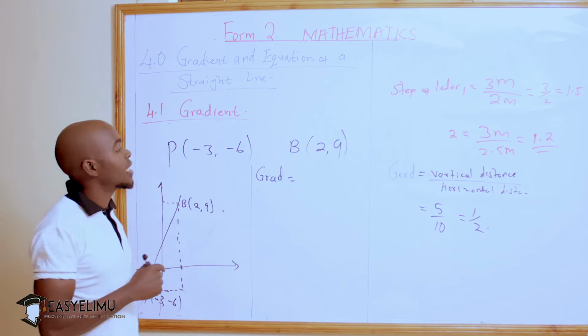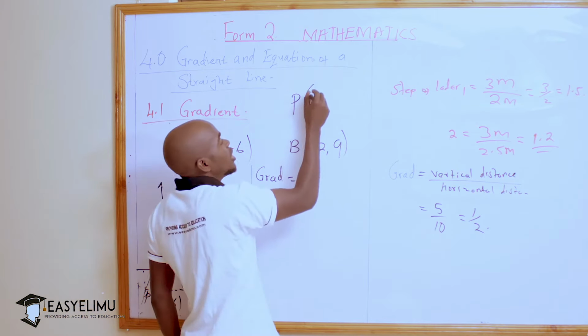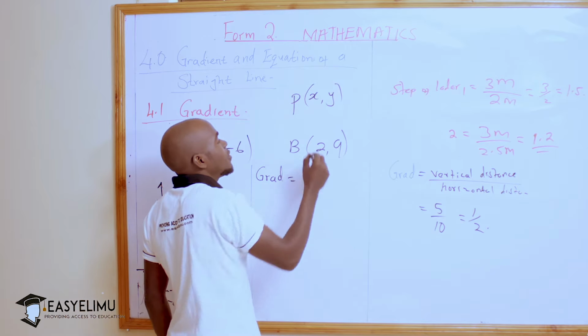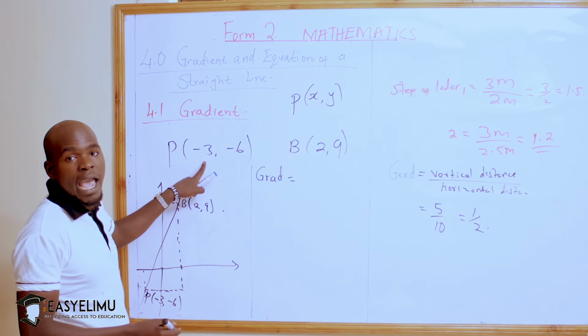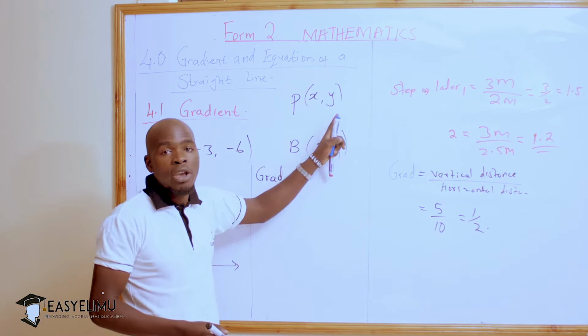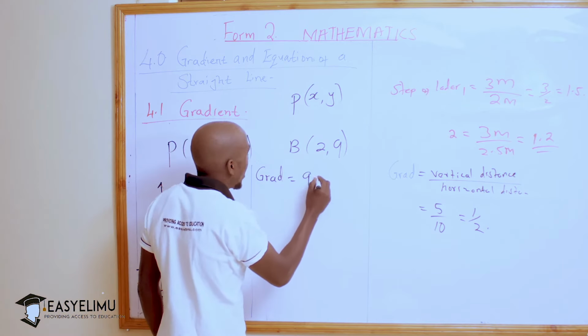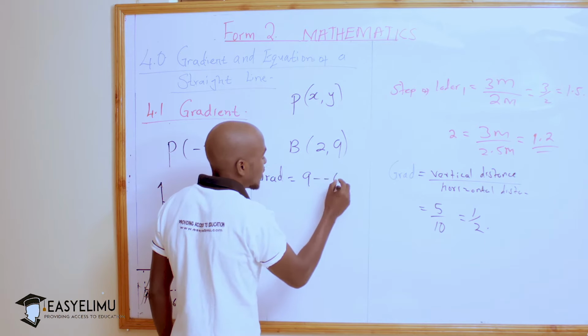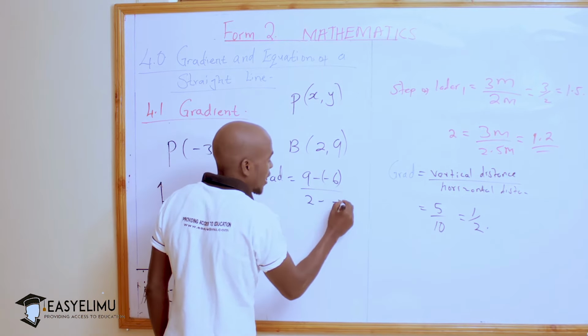If you write P as this, it is normally written in this condition, such that the first point represents the x coordinate and the second point represents the y coordinate. So that means we shall take 9 minus -6 over 2 minus -3.